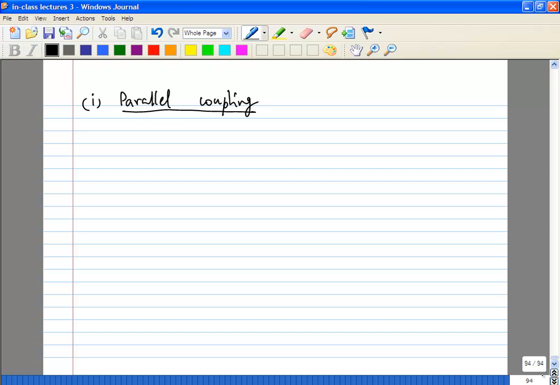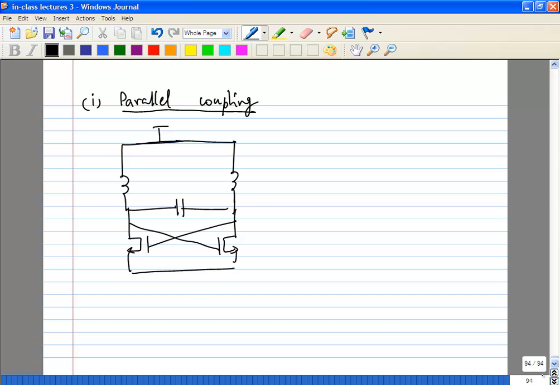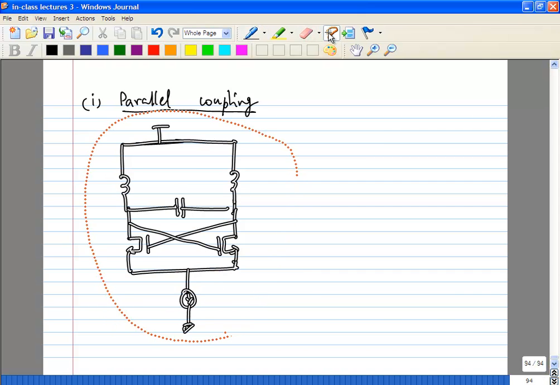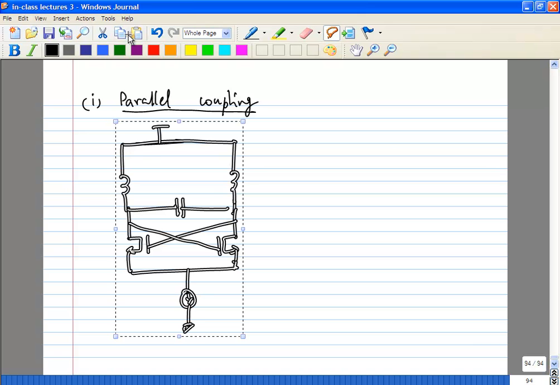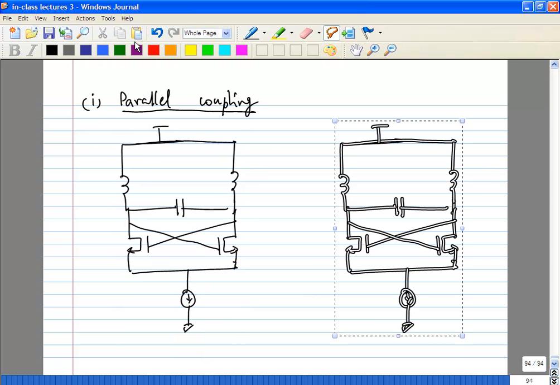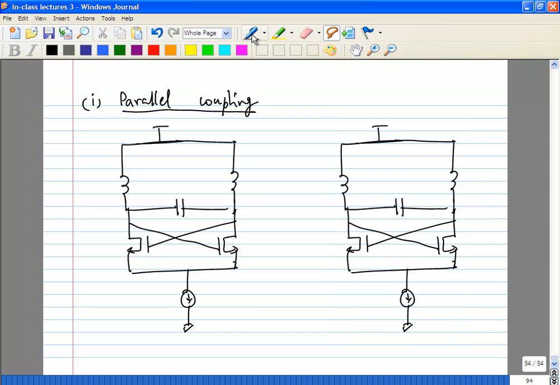One way to do is parallel coupling, which is, so we have two identical oscillators.